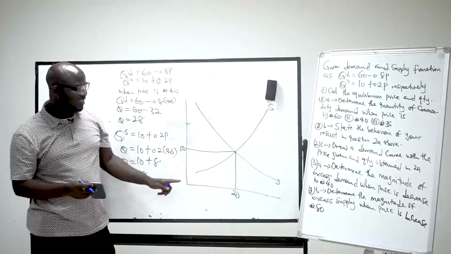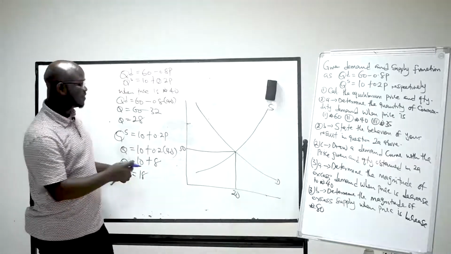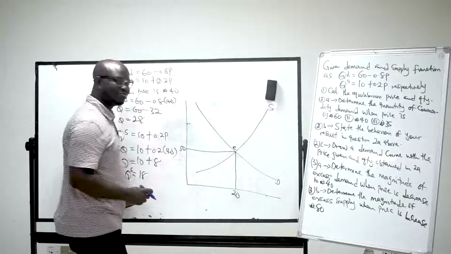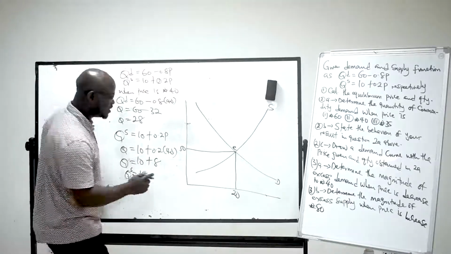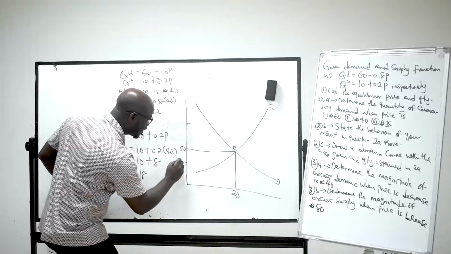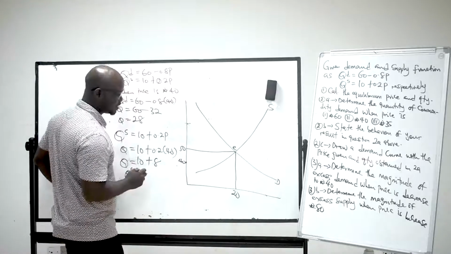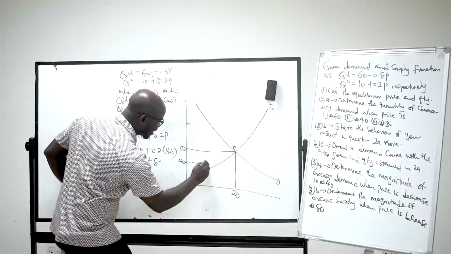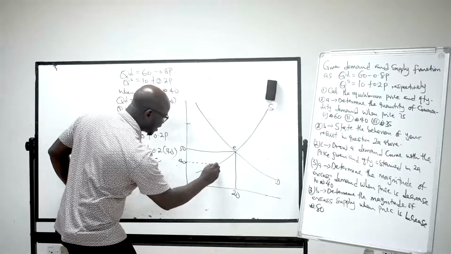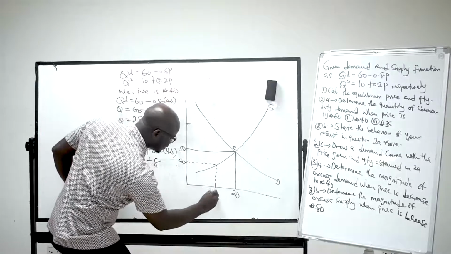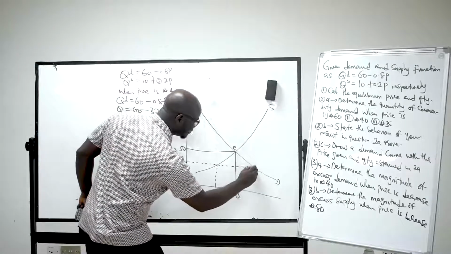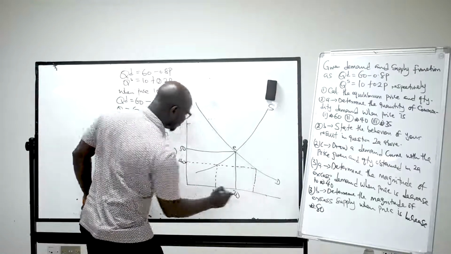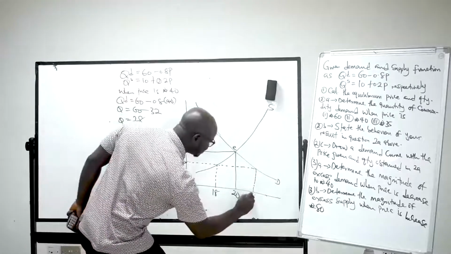And remember that the excess demand can be derived below the equilibrium price, while the excess supply can be derived above the equilibrium price. So let's assume we now have this to be 40, right? So when you trace it to the supply here, we have this to be 18. And when you trace this to the demand, we have this to be 28.